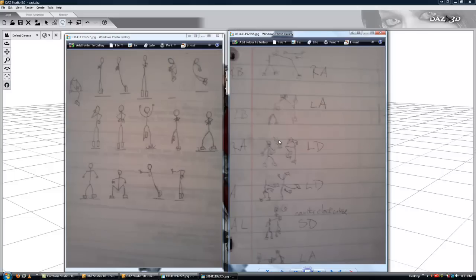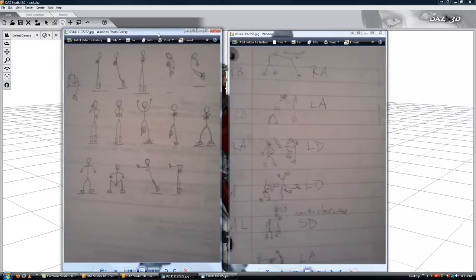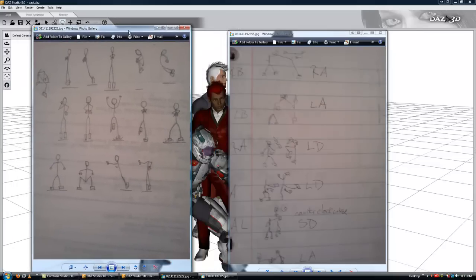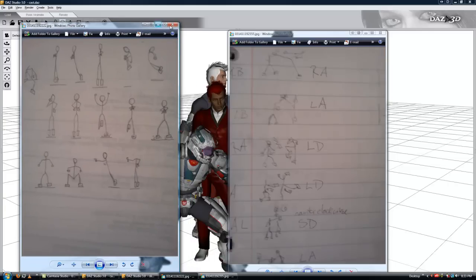So it's always good to have the beginning groundwork and foundation of what you actually wanted the character to be and what you're trying to portray in the game itself, with the characters and what they're doing.